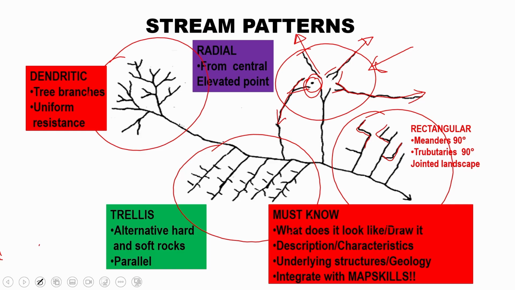You are describing what you see and also giving a characteristic. And then you go to the geology. We are here now. The underlying geology. For example, we said the dendritic pattern is found in areas where the underlying rocks are those of uniform resistance. And we're able to give an example and say those are your sedimentary rocks, or we also said those are your igneous rocks. Igneous, formed from fire, very hard rocks, uniform resistance.